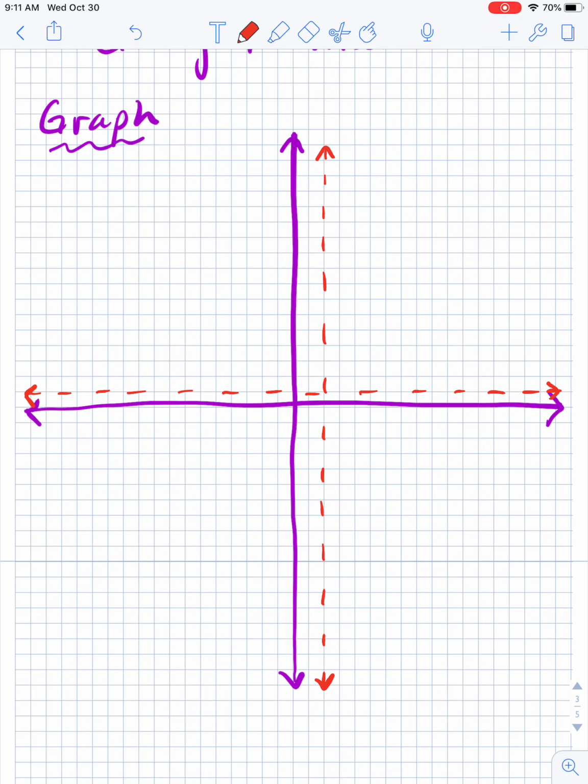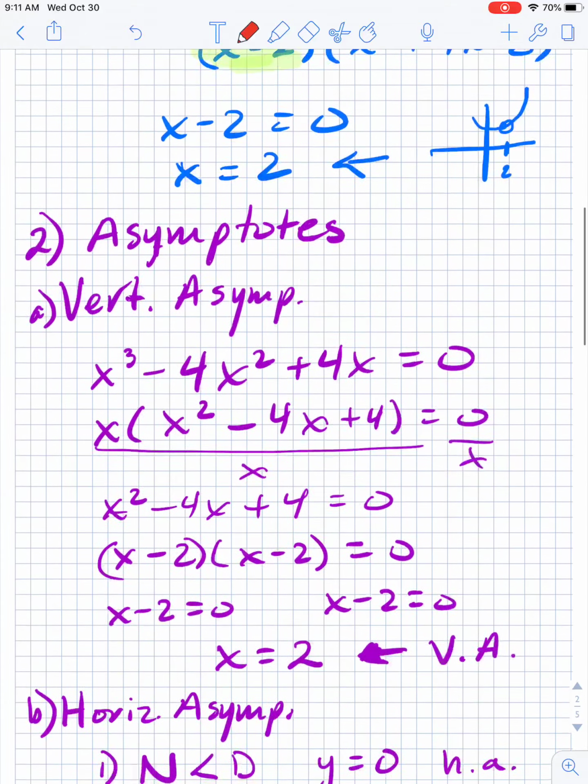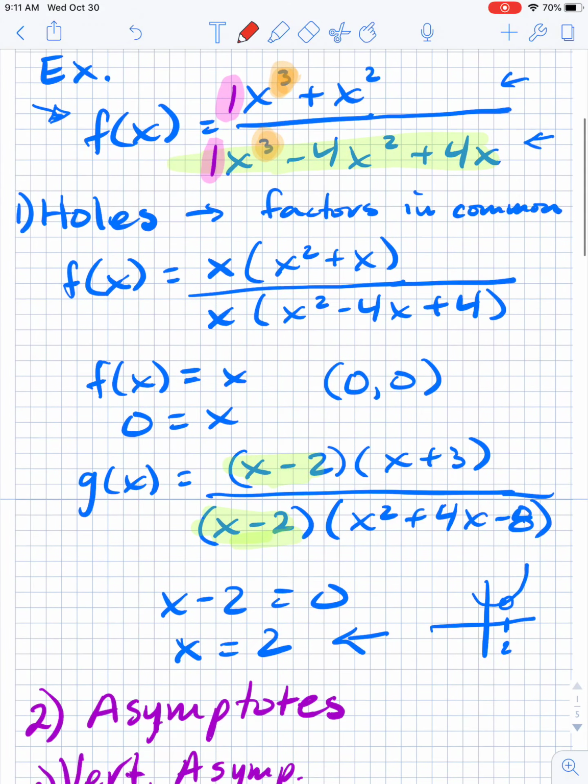All right, so now that I know where my asymptotes are, this is going to help me to see where I can get some values of x so that I can figure out where my points are going to be. The other thing that I want to make sure that I plot is if I'm going to have any holes, if I know where the holes already are.